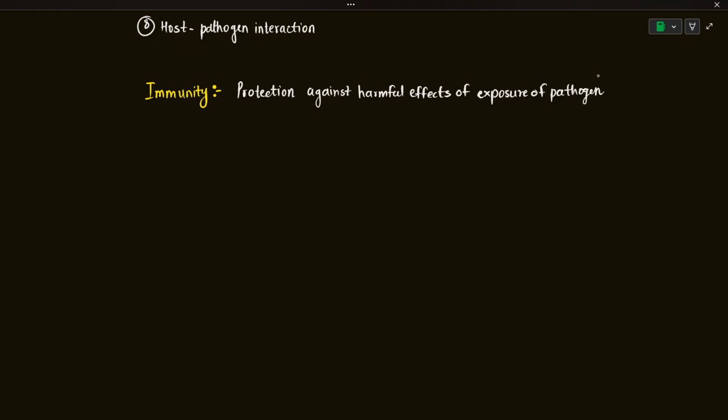Right, so our body protects itself against whatever harmful effects that pathogen is going to have on it. That particular mechanism, that wall formation that our body has created, is known as immunity.